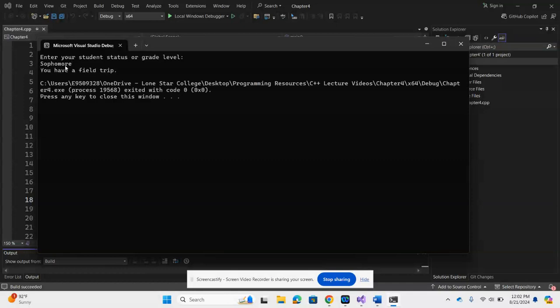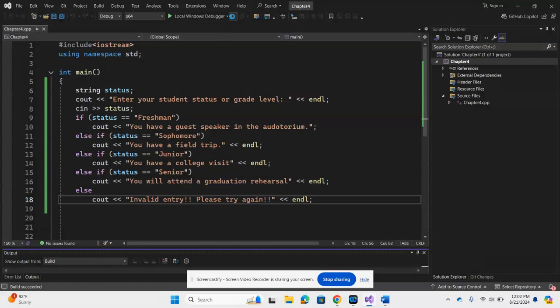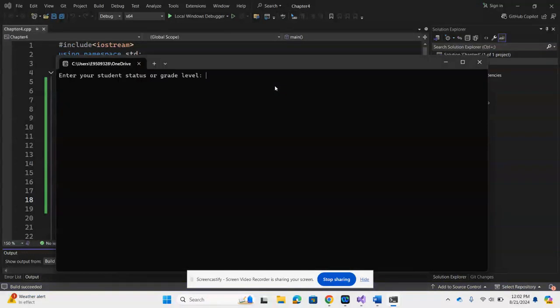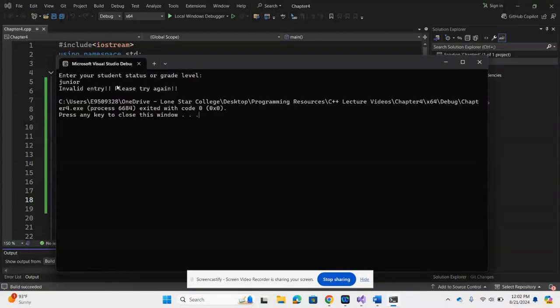So if you put sophomore, say you have a field trip. That's it. And then what about if you are a junior? Look, if I do it as junior here, and then I forgot, let's say J is supposed to be uppercase. So you may think I'm gonna get a college visit, but look what happened, invalid, because it's case sensitive.